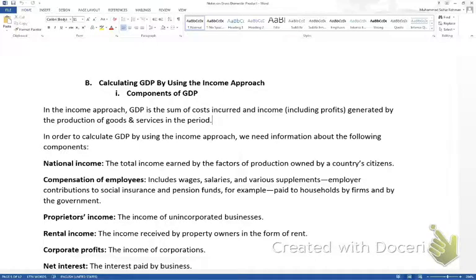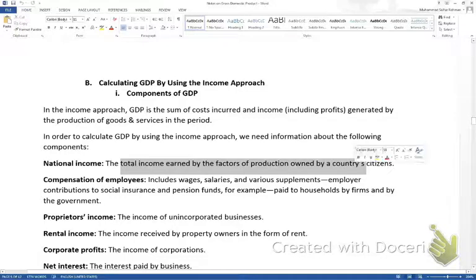The first concept is called the national income. National income, by its definition, is straightforward. It is the total income earned by the factors of production owned by a country's citizens. The problem with national income is that it only looks at the citizen of a country, regardless of where they live.